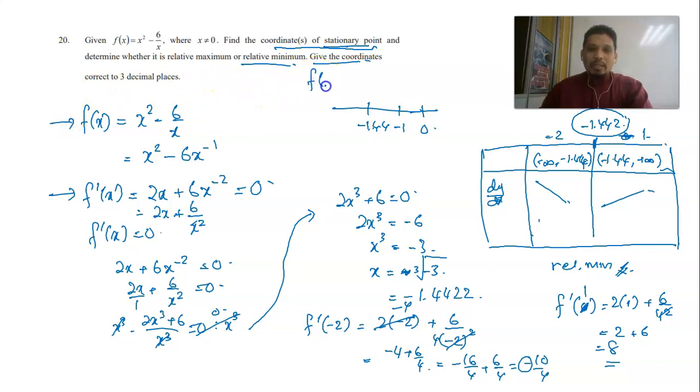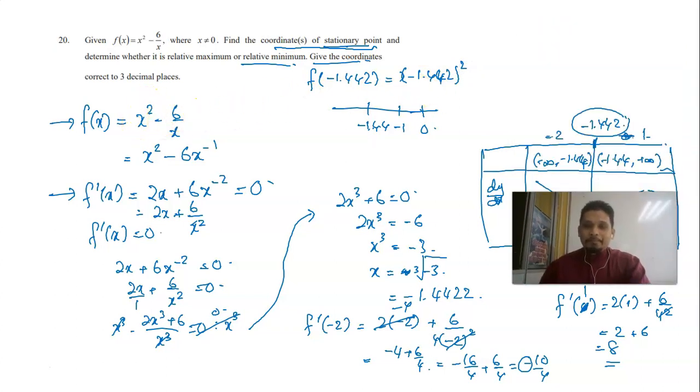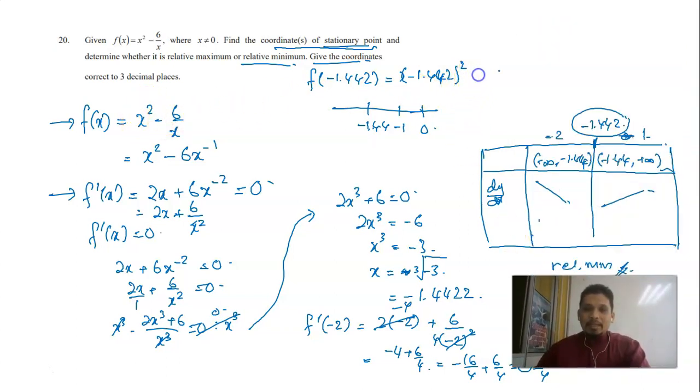So f of negative 1.442 is negative 1.442 squared minus 6 divided by negative 1.442 squared.